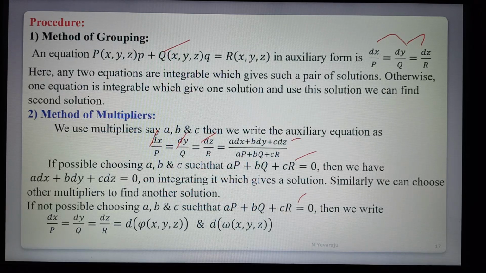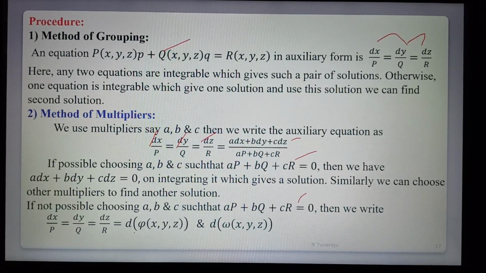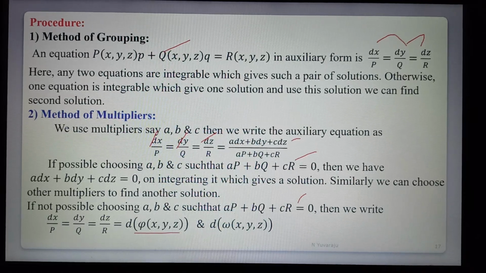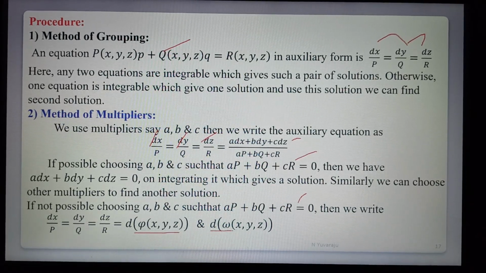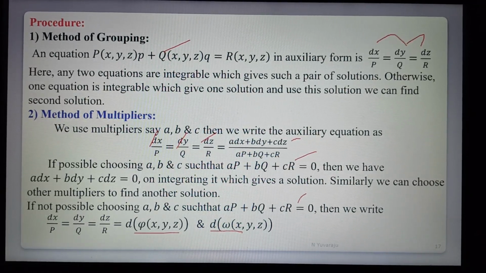The whole equation can be written as d of phi of x, y, z and d of w of x, y, z, two functions. The given equation can be written in the form of the derivative of some function and the second form, the derivative of some other function. After integrating, the derivatives cancel, and we get the two solutions phi of x, y, z and w of x, y, z.